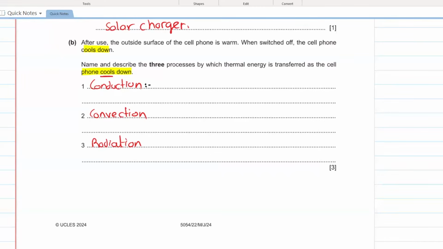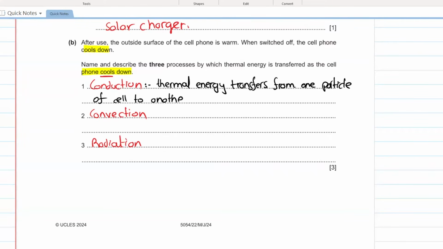You can say thermal energy transfers from one molecule or from one particle of cell to another. थर्मल एनर्जी क्या करती है भाई, ट्रांसफर करती है from one particle of cell to another, eventually reaching the air particles. Simple.